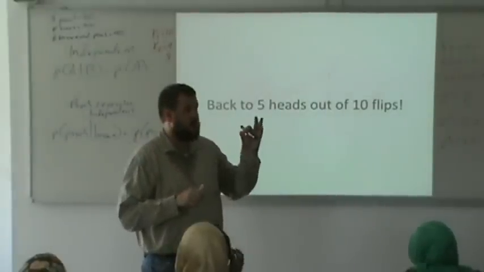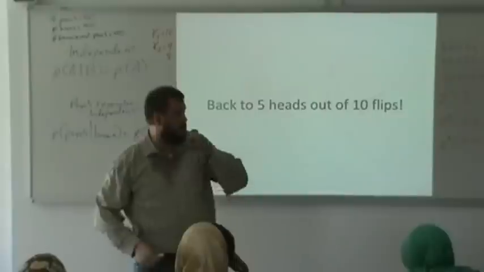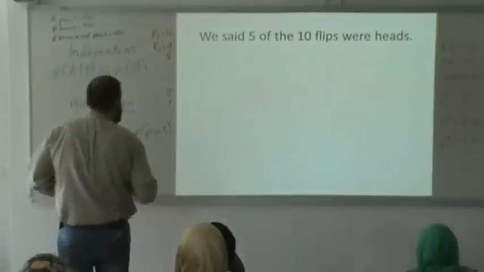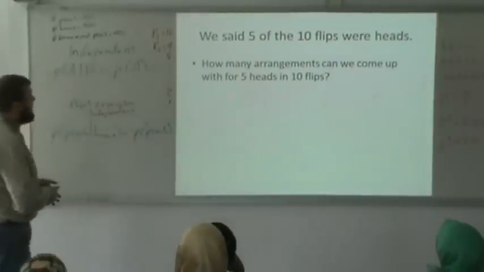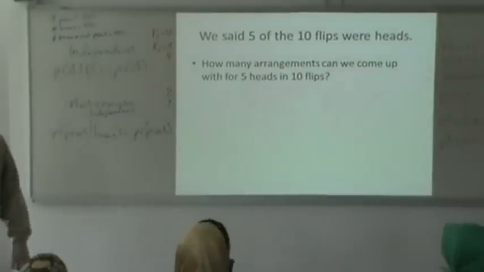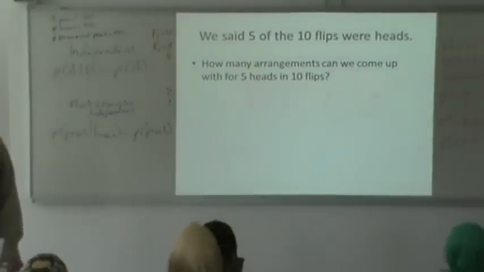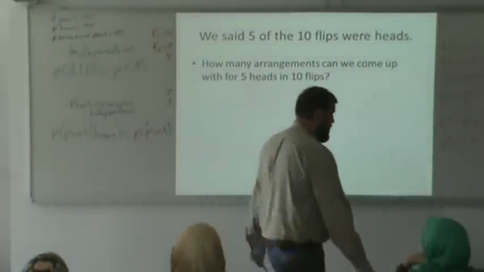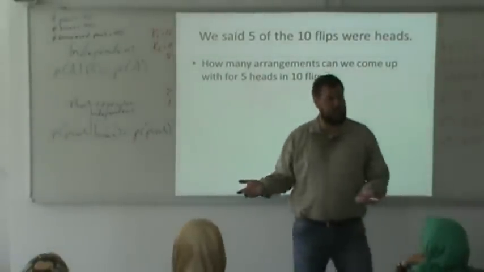Does the head occur on the first flip, or on the 4th flip, or on the 5th flip, right? So, if 5 of the 10 flips are heads, how many arrangements can we come up with for 5 heads in 10 flips? So, we have 10 flips to start with, right?